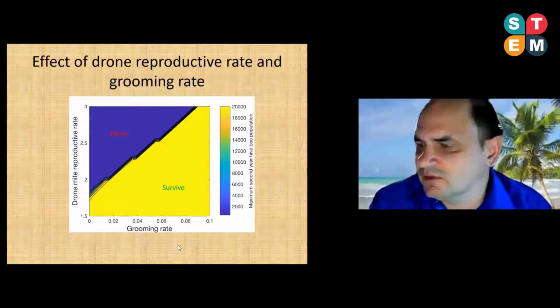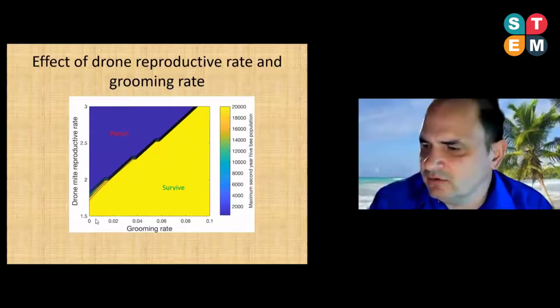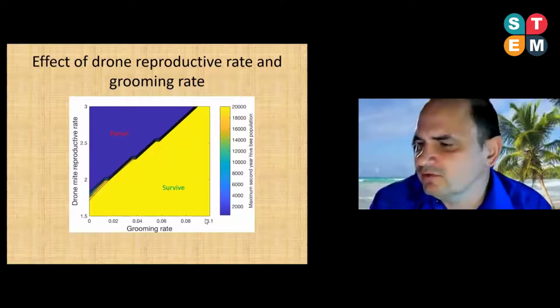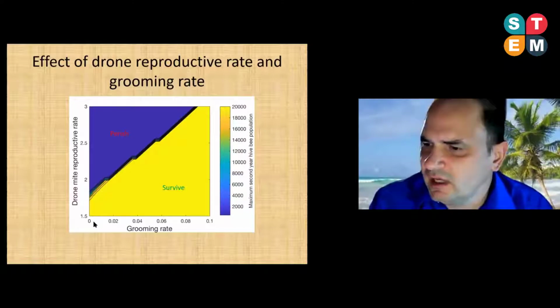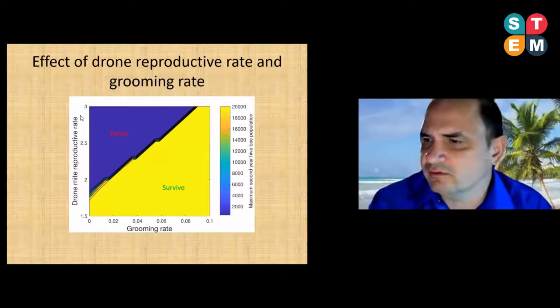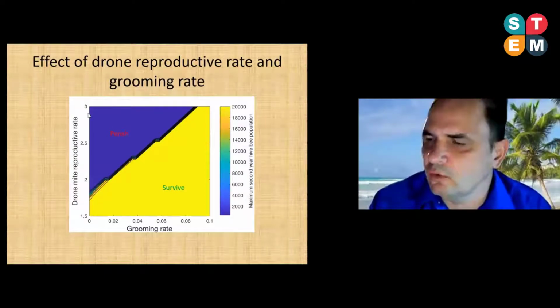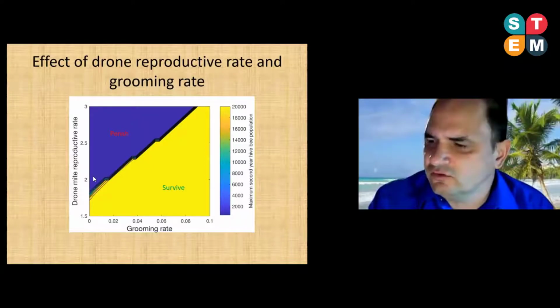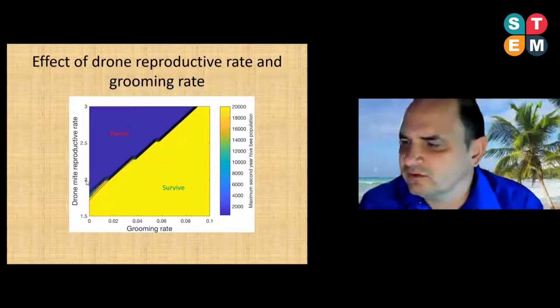In this second simulation here, again, I'm plotting 32 different grooming rates here on the x-axis, and on the vertical axis, I'm changing the drone mite reproductive rate, the rate at which they reproduce in the drone pupae. You might not think the drones play an important role, but they actually do.